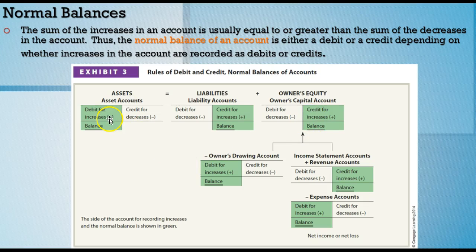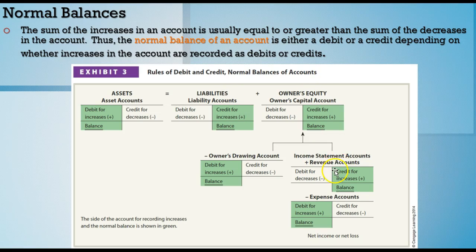This one over here is a little more difficult because it's kind of reversed. It's not exactly what you would think. Owner's draw: a debit increases it, and a credit decreases it. That's because it's somewhat of a contra account on the owner's equity here.